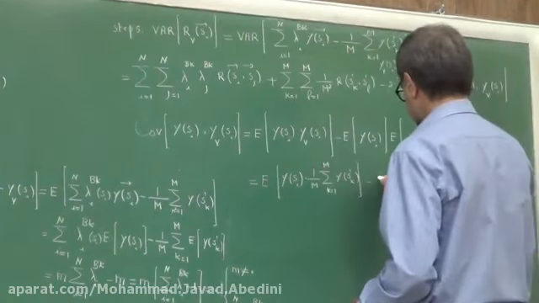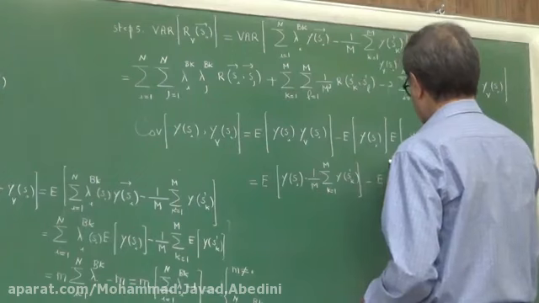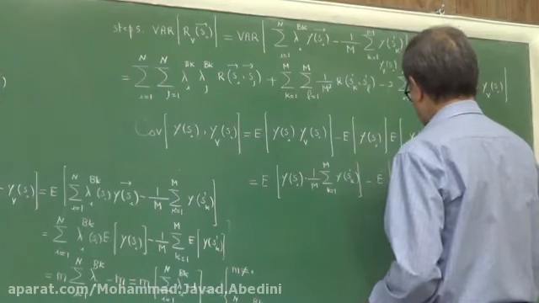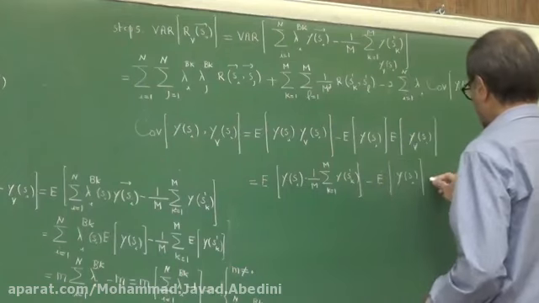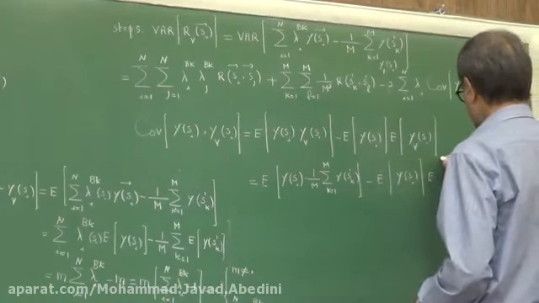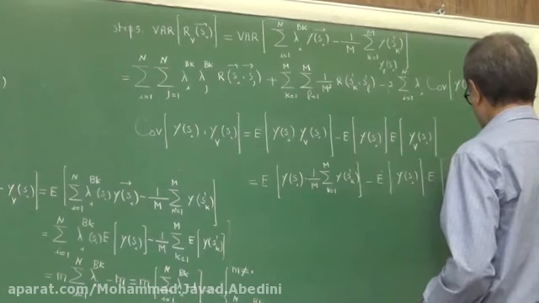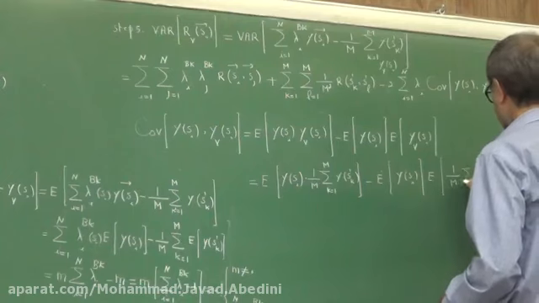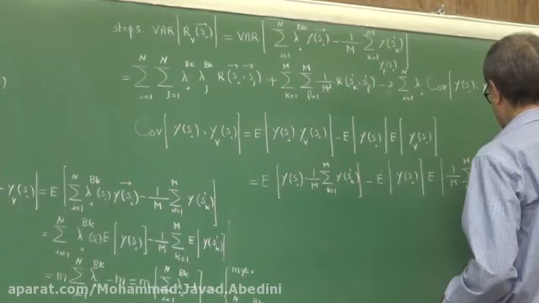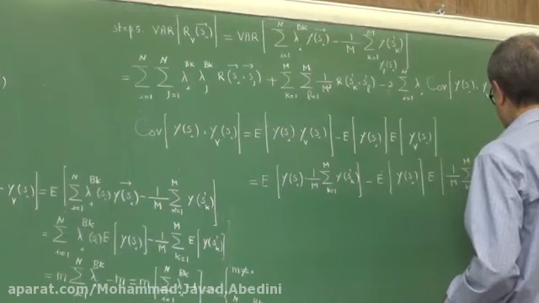Minus expected value of y at Si, expected value of 1 over m summation from 1 to m y at s prime k.